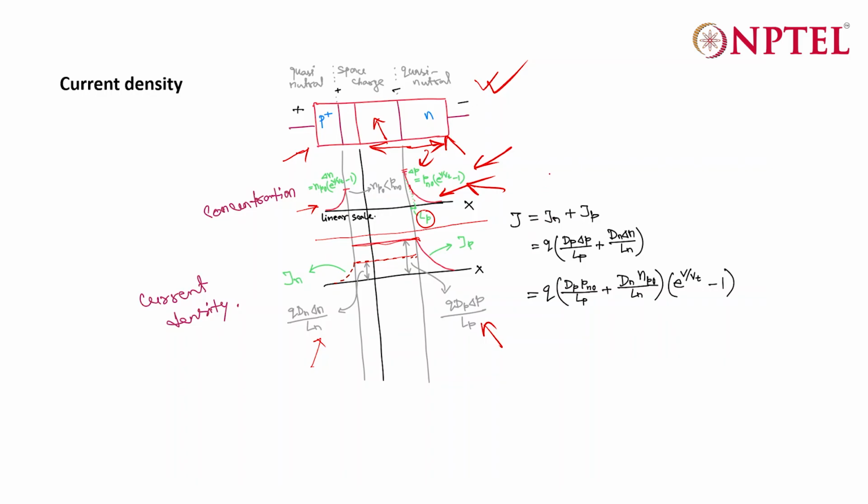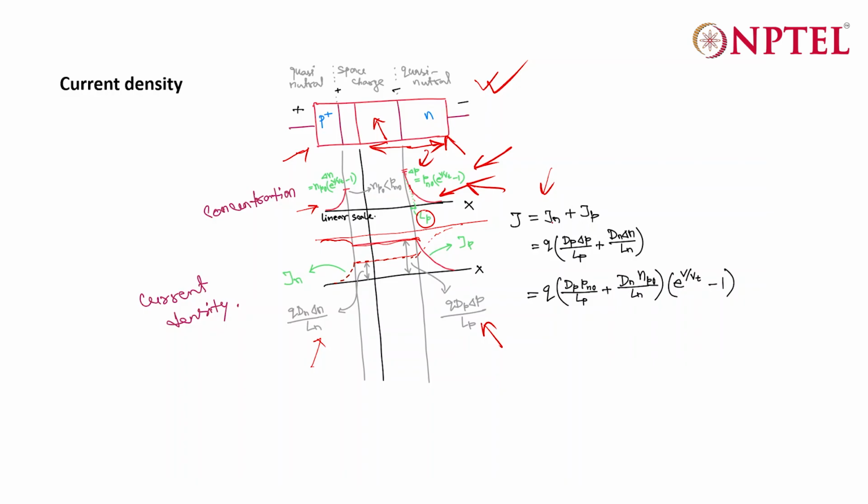So definitely in the quasi-neutral region, this Jn will be something like this and your Jp will be something like this, right? Because your J is constant across the device and J has to be constant.